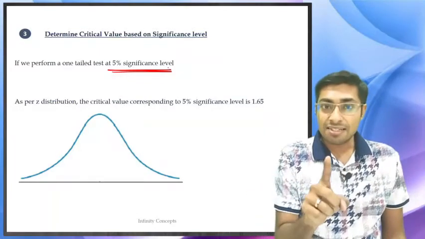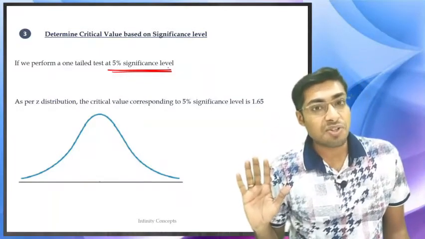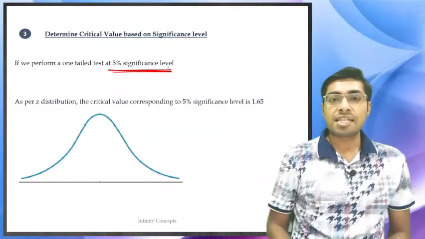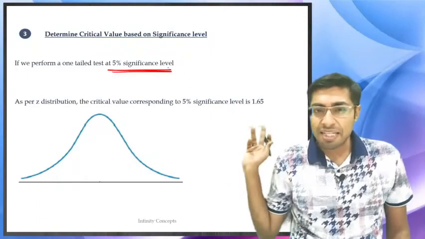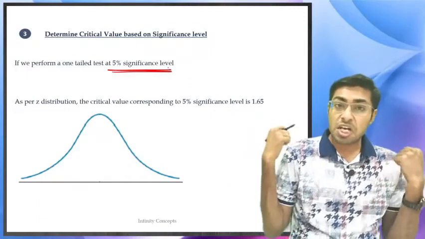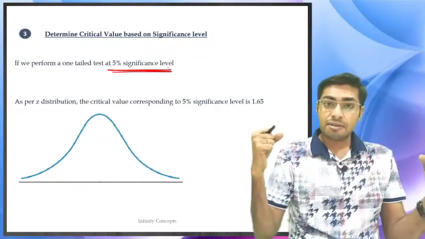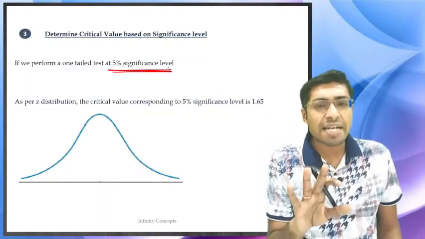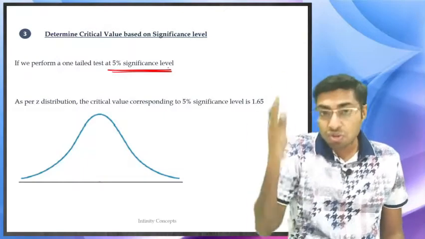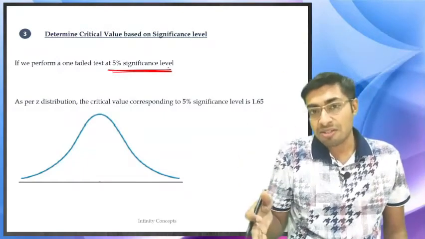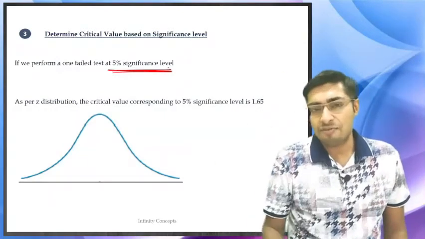We want to say this, but with 95% confidence only, because 5% is the significance level, which means there is a 5% chance that the statement we have made and statistically proved is right may still go wrong, or in reality, when you actually calculate for those 22,000 stocks, the return may be less than 4%.